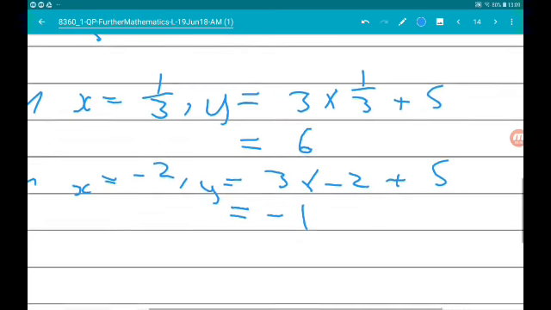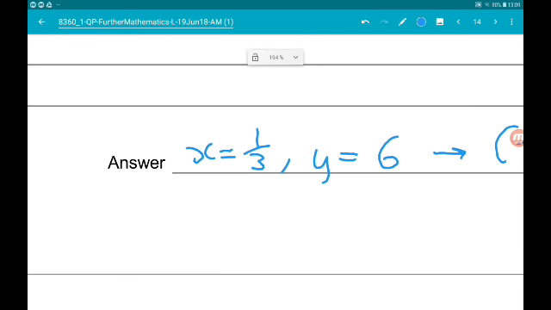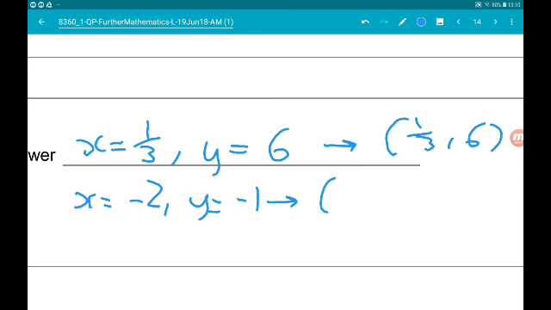So our other pair of solutions are x equals minus 2, y equals minus 1, which in coordinate form is (minus 2, minus 1). Go.